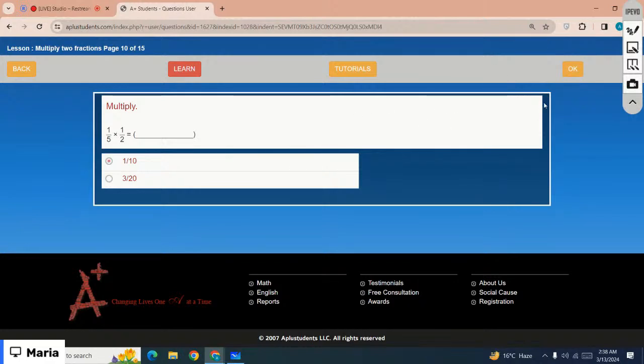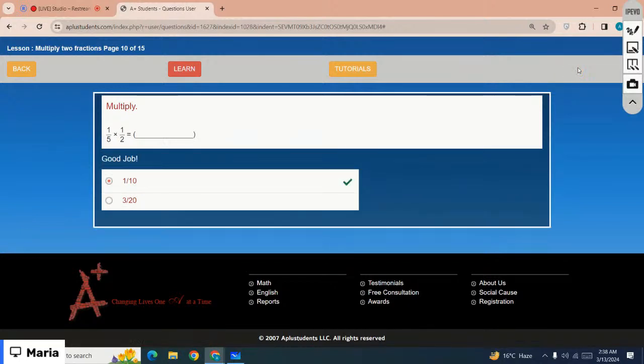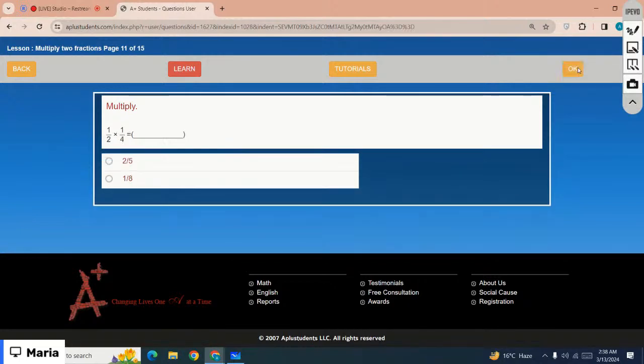Option number 1 is the correct option. The next one is 1 by 2 times 1 over 4.